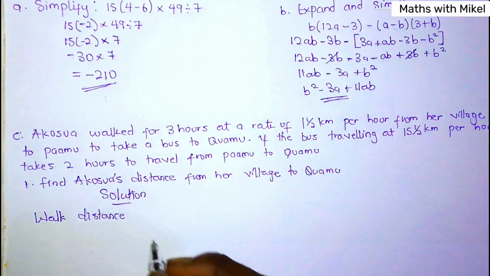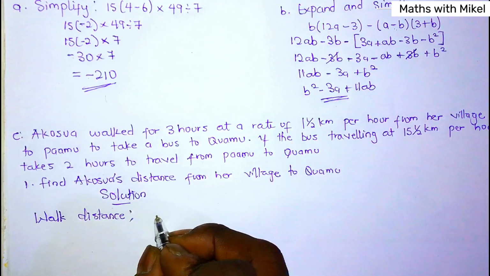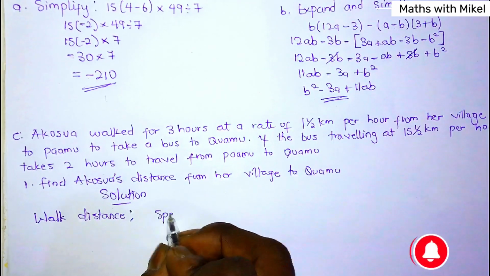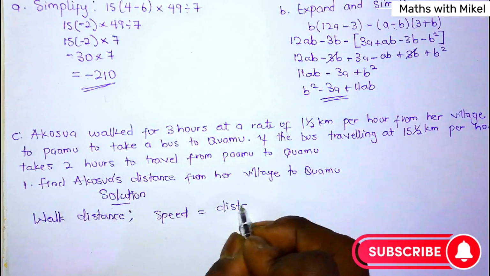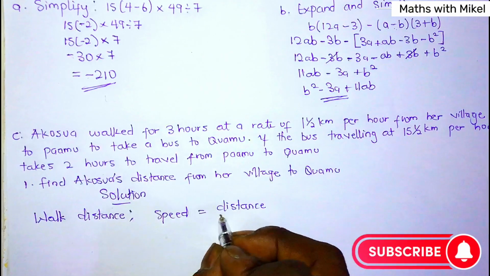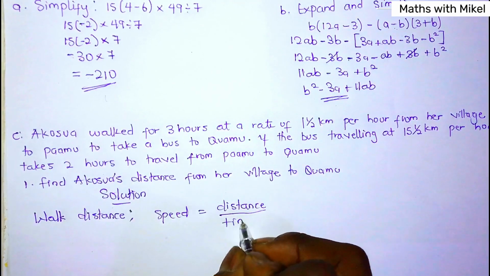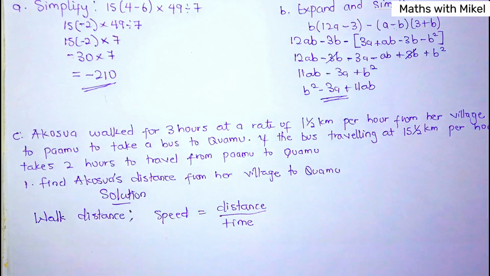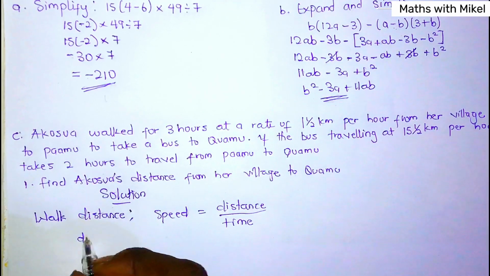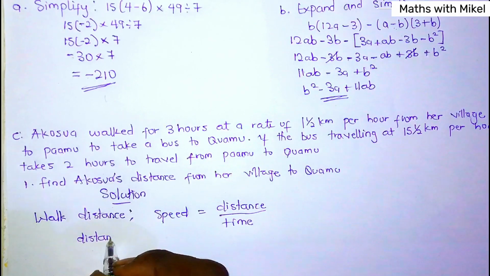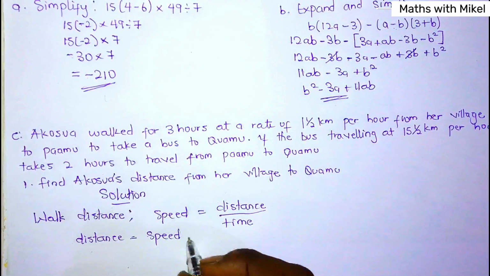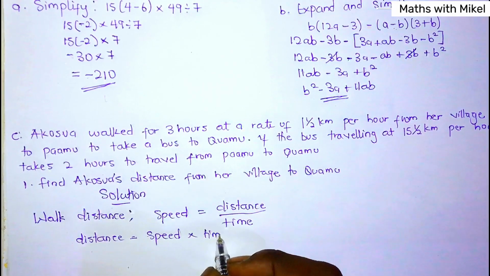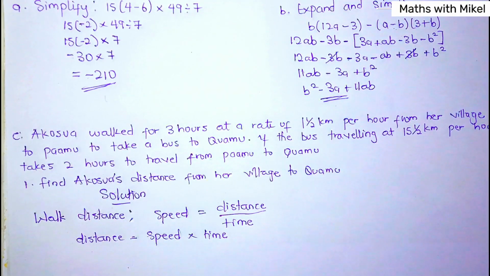And I know that speed, that's average speed, is equal to distance over time taken. Okay. Now, if I make distance the subject, I'm going to get distance to be equal to speed times time. Okay.